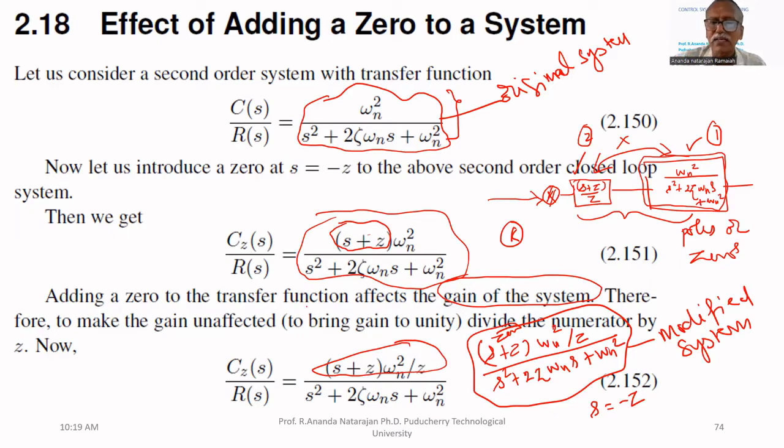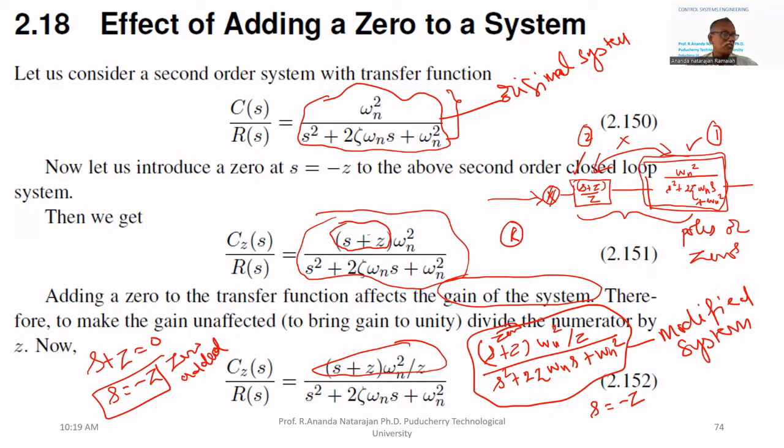Here the modified zero is added at S equal to minus Z. Why am I saying S equal to minus Z? S plus Z is added. What is the zero? S plus Z equal to 0. To find the zero, the numerator polynomial S plus Z equal to 0, that is S equal to minus Z. This is the zero added.